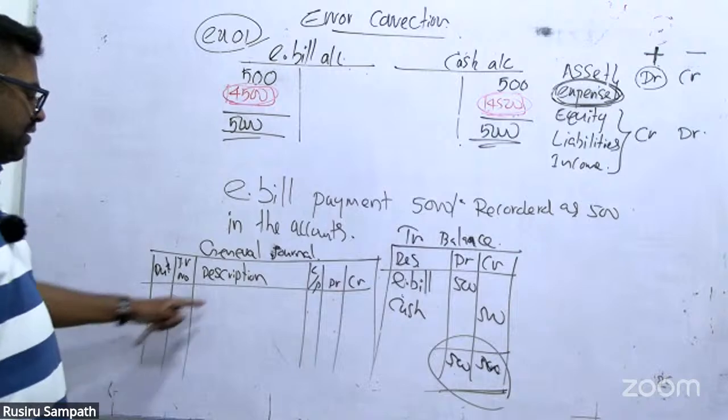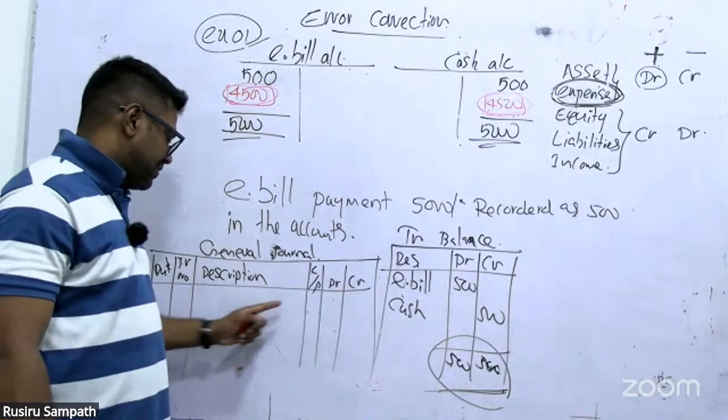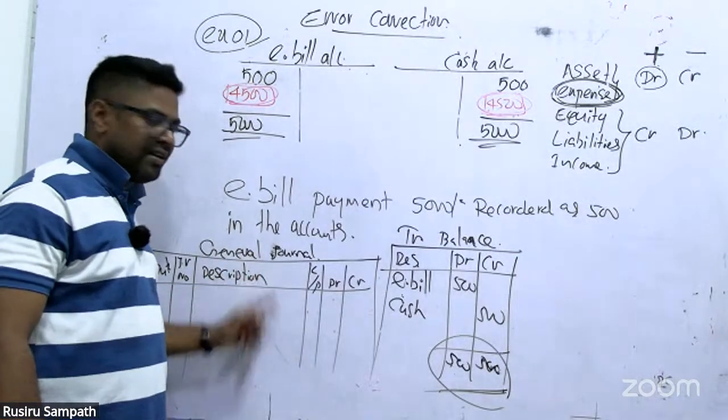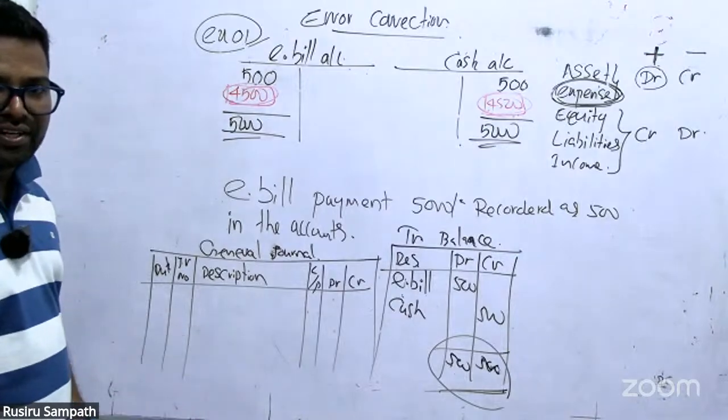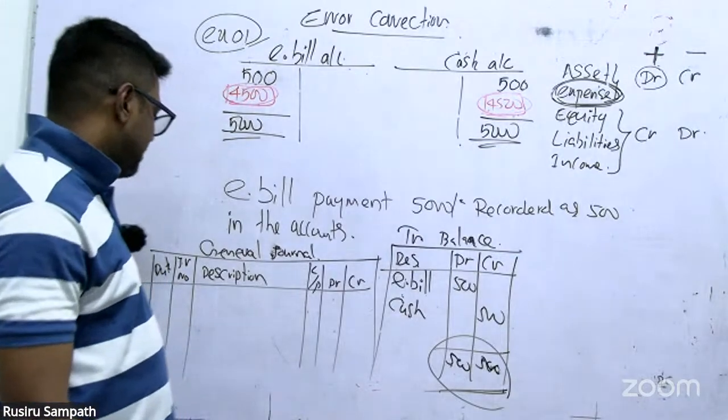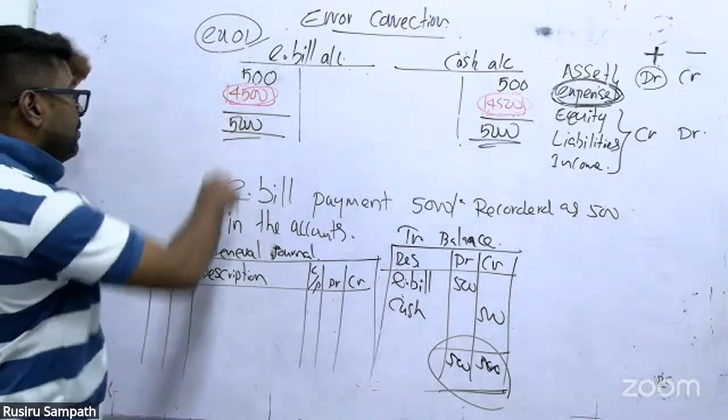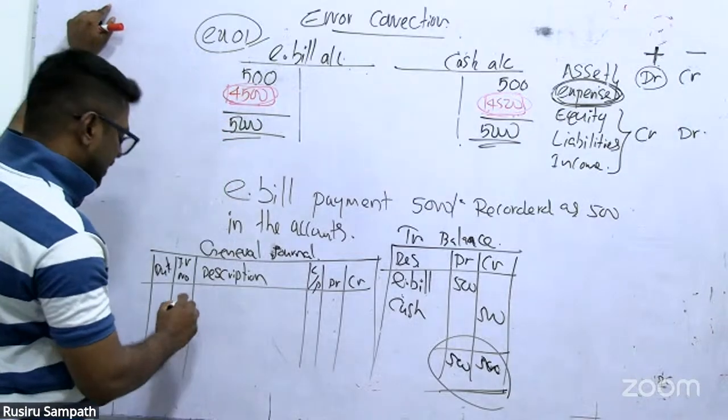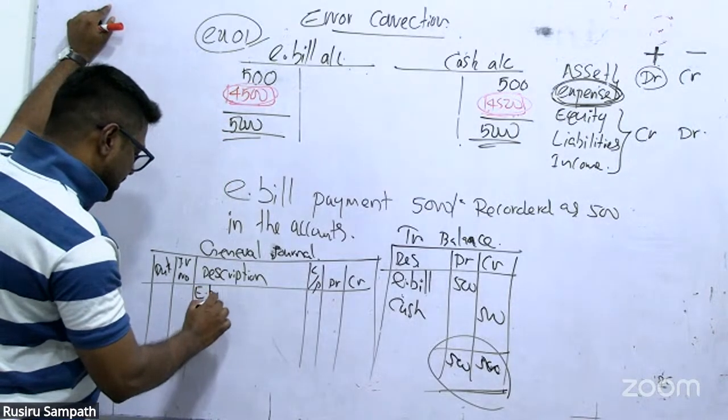Now write the error correction entries. Error correction entries are typed in the general journal. What are the error correction entries? E-bill accounts debit.